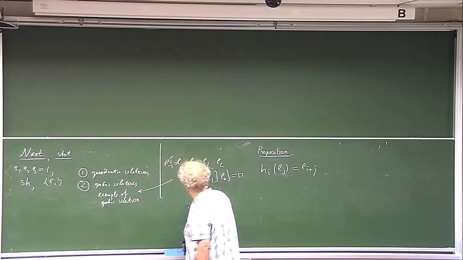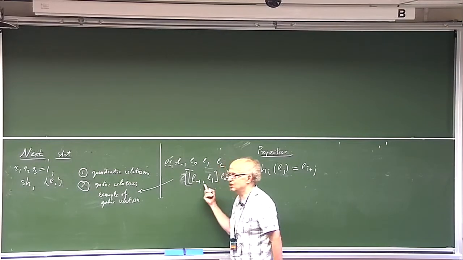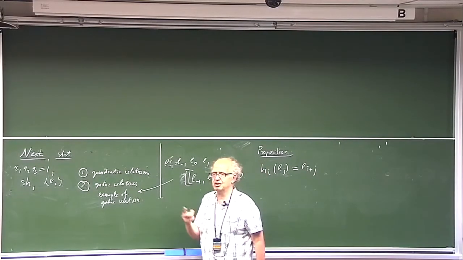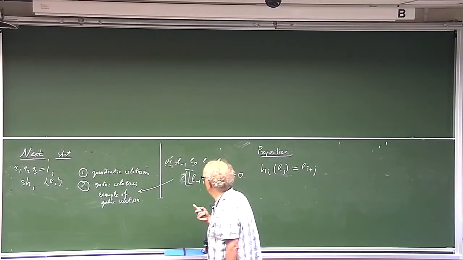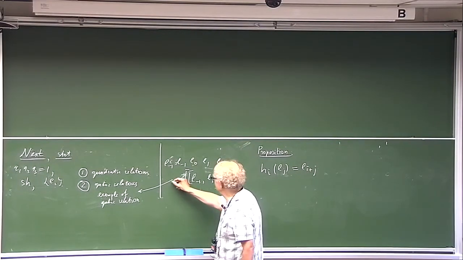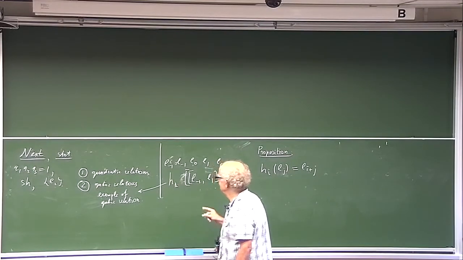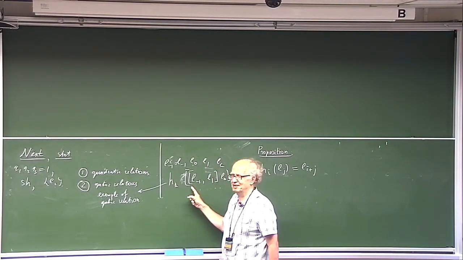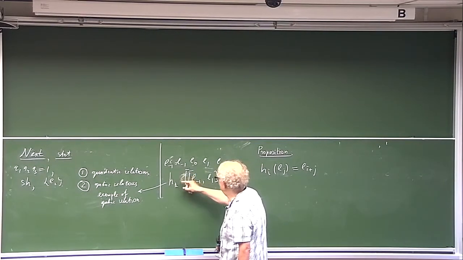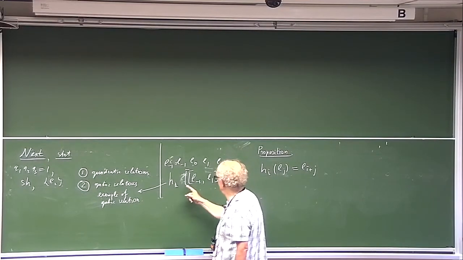And surely, if this is a cubic relation, and if this algebra has such symmetries, I can construct a new cubic relation by acting, say, by H1 on this. Because this is 0, I can act by H1 on this and write what it means.